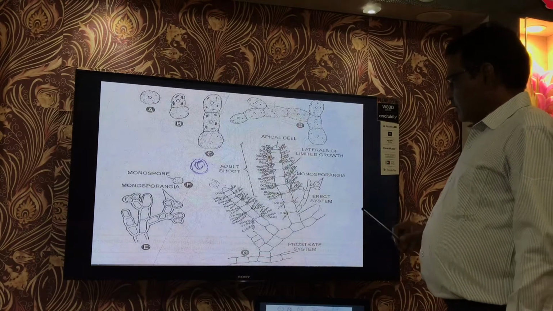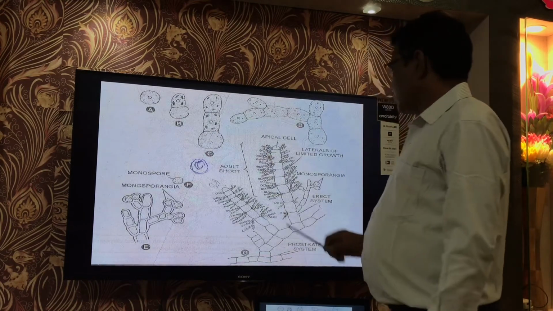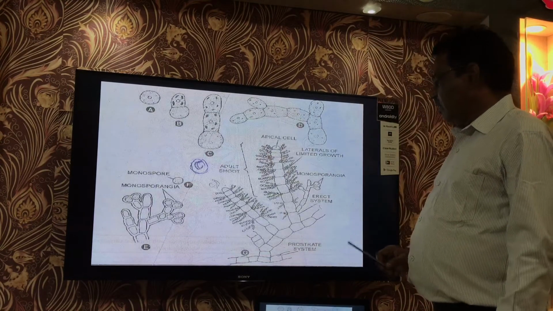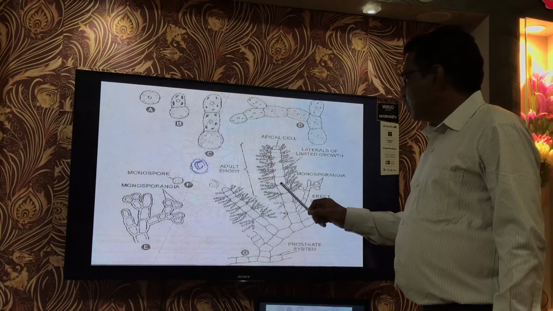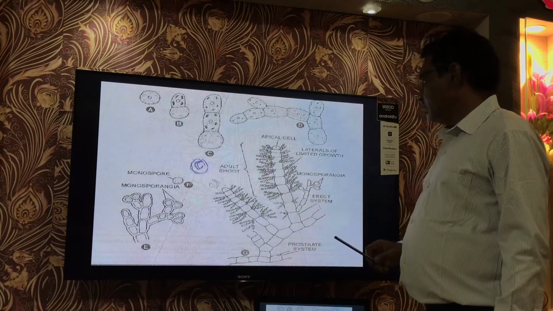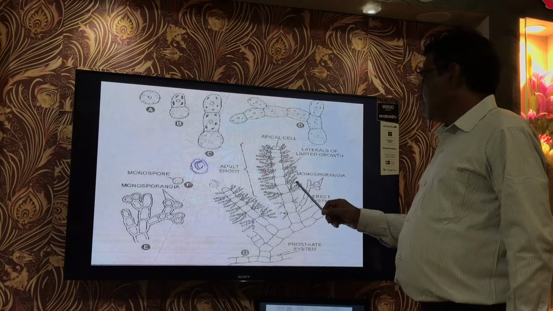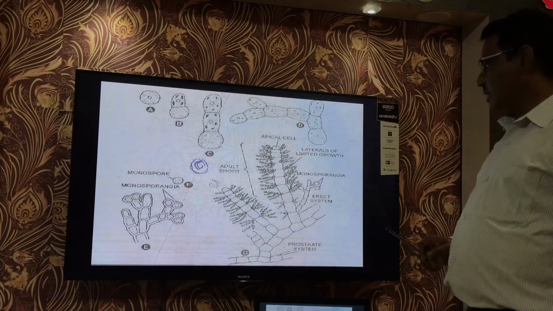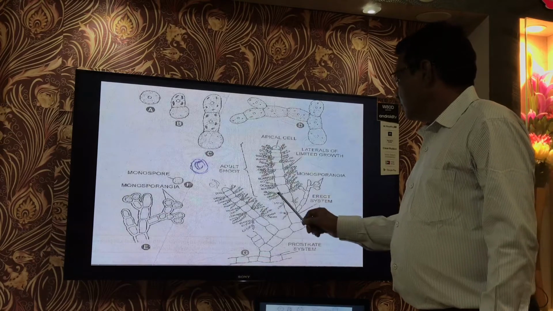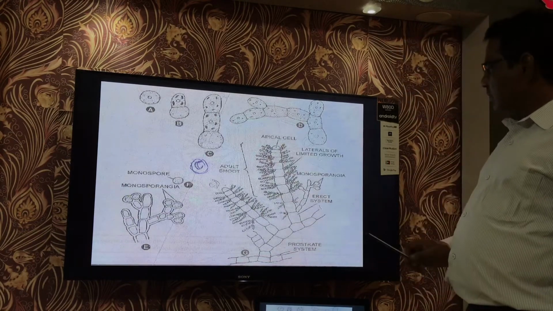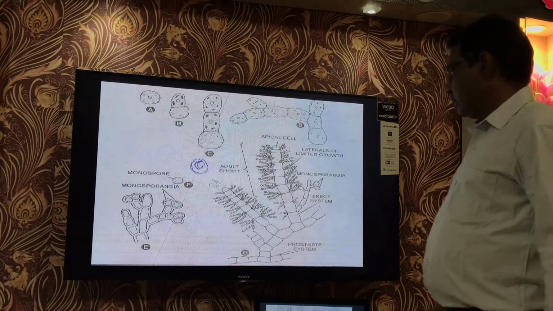Then you will ask me, what about the fate of this Chantransia stage in the life cycle of Batrachospermum? Usually towards the maturity, the adult shoot or adult gametophyte of Batrachospermum develops from the lateral sides of the erect system of this Chantransia stage. So each such structure that is developed from the cells of the erect system is an adult gametophytic thallus of Batrachospermum.